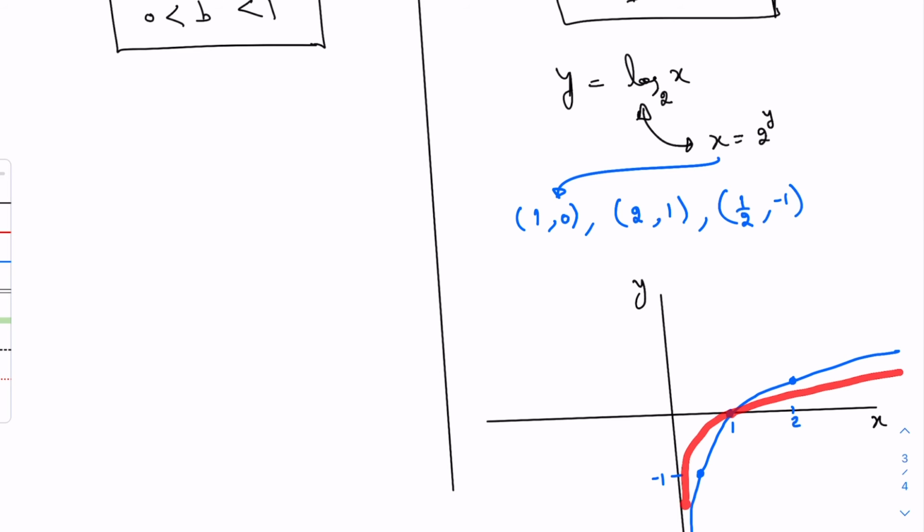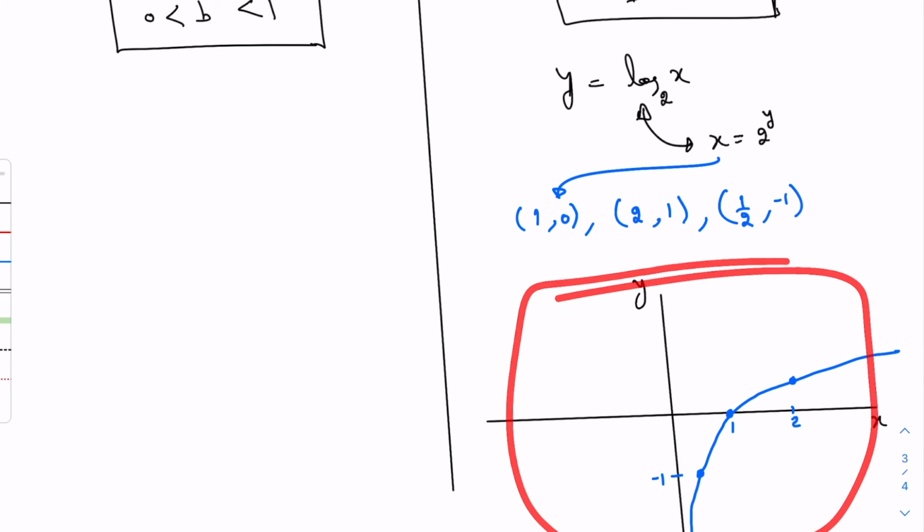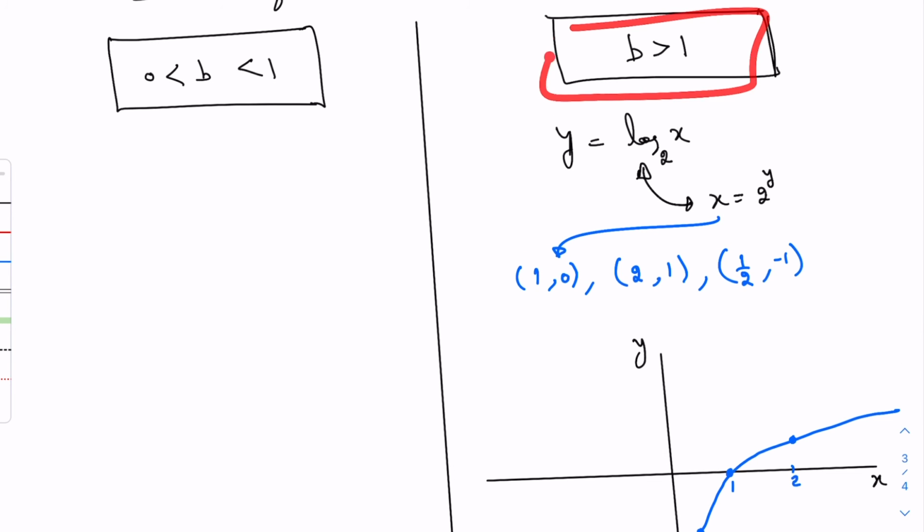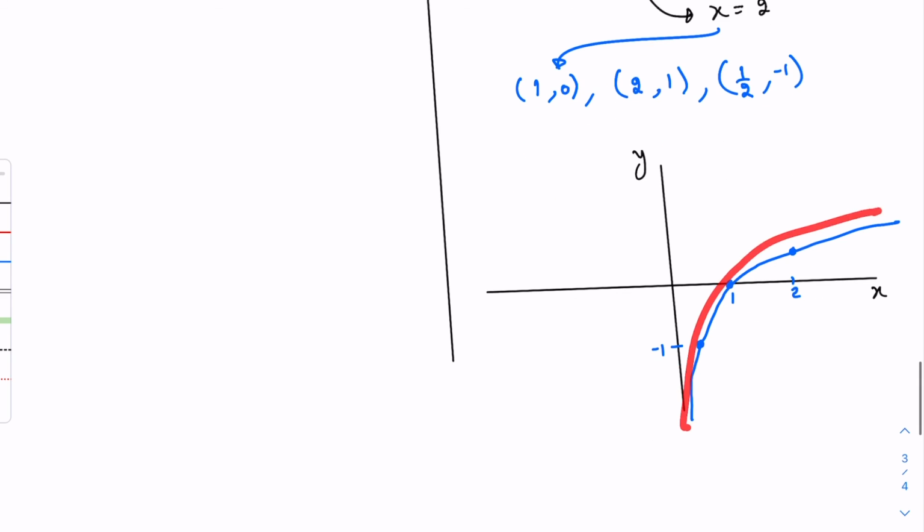It will again pass through 1, so this point will be common. As we have seen in exponential functions, the y intercept (0, 1) was common. Here this will be common. Anyway, we have a lot of time to discuss all those features of the families, but the main thing is whenever the base is greater than 1, the curve will look like this. It will pass through 1 always, and it's an increasing curve.